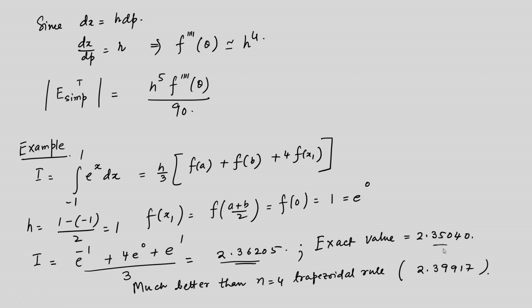So 2.35040 is the exact value, 2.36205 is the value from just 2 segment Simpson's 1/3 rule, and 2.39917 is the value for the n equal to 4 trapezoidal rule. Okay, so you see that just this 2 segment Simpson's 1/3 rule is itself much better than the n equal to 4 trapezoidal rule.